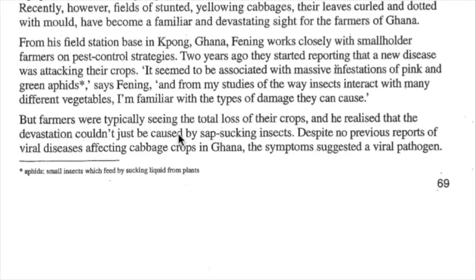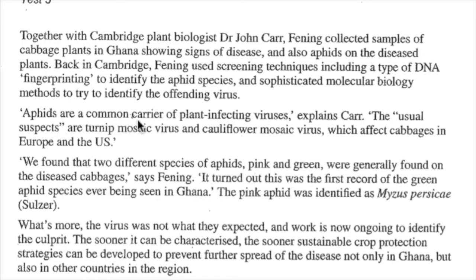But farmers were typically seeing the loss of their crops, and he realized that the devastation couldn't be caused just by sap-sucking insects. Despite no previous reports of viral diseases affecting cabbage crops in Ghana, the symptoms suggested a viral pathogen. He said aphids are a common carrier of plant-infecting viruses.